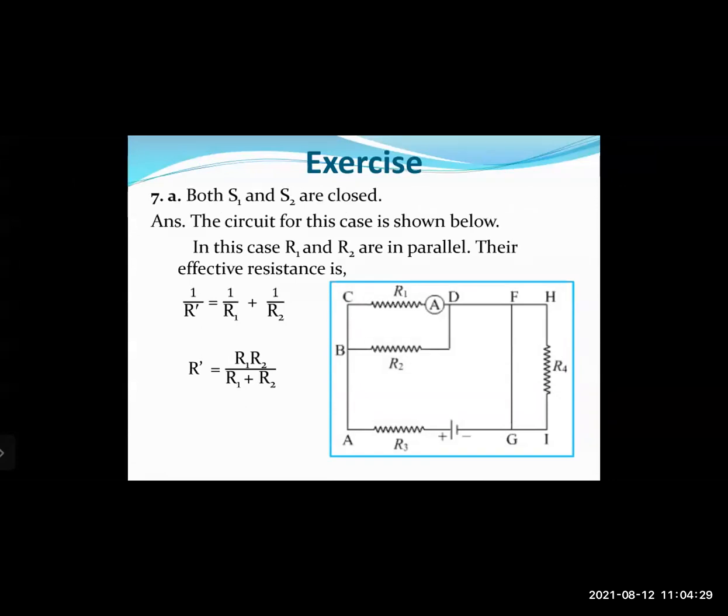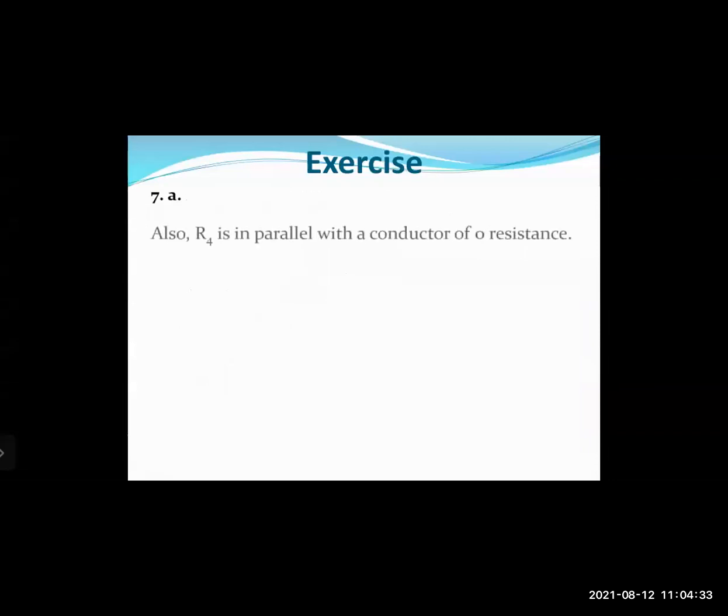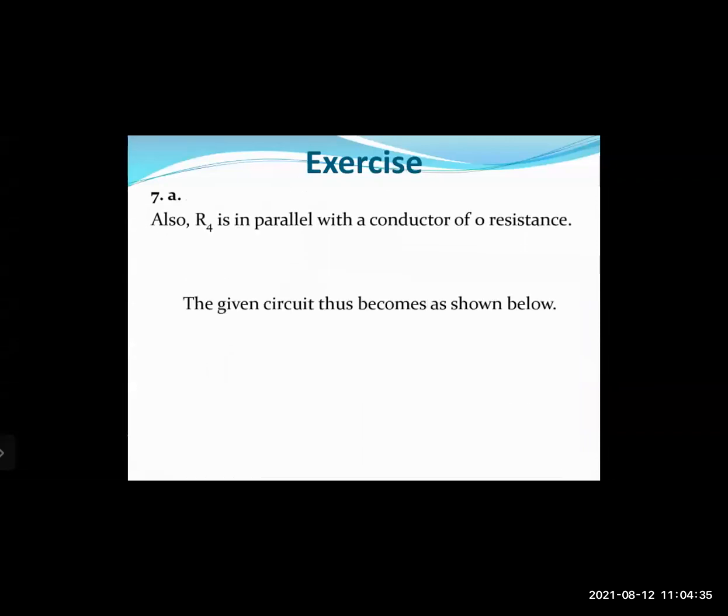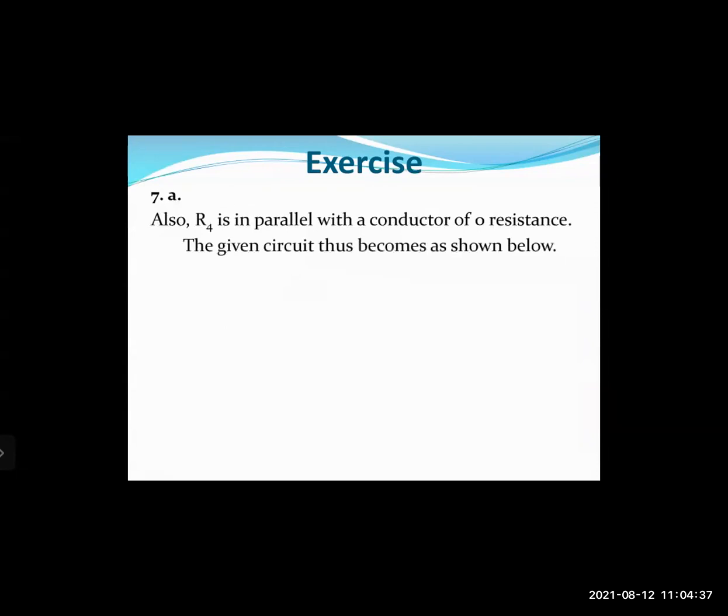So in that case, the resistance of R4 will be 0. Also, R4 is in parallel with a conductor of zero resistance, so the circuit now becomes as shown, because there is a shorter path for the current to flow between points F and G.